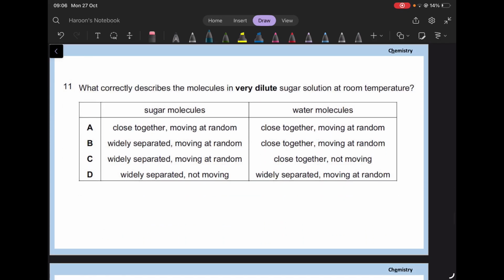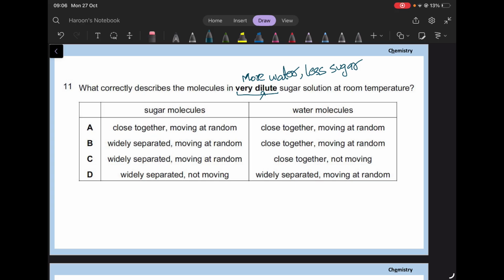Which correctly describes the molecules in very dilute sugar solution at room temperature?